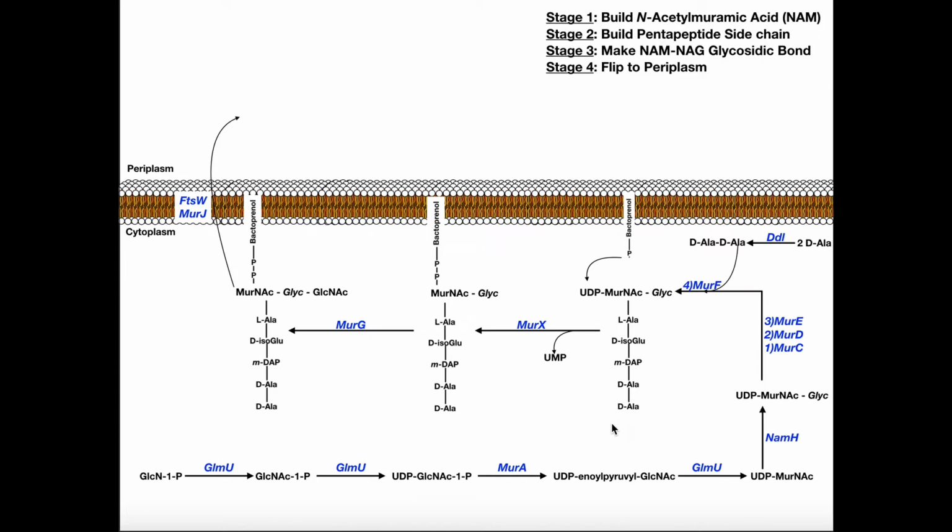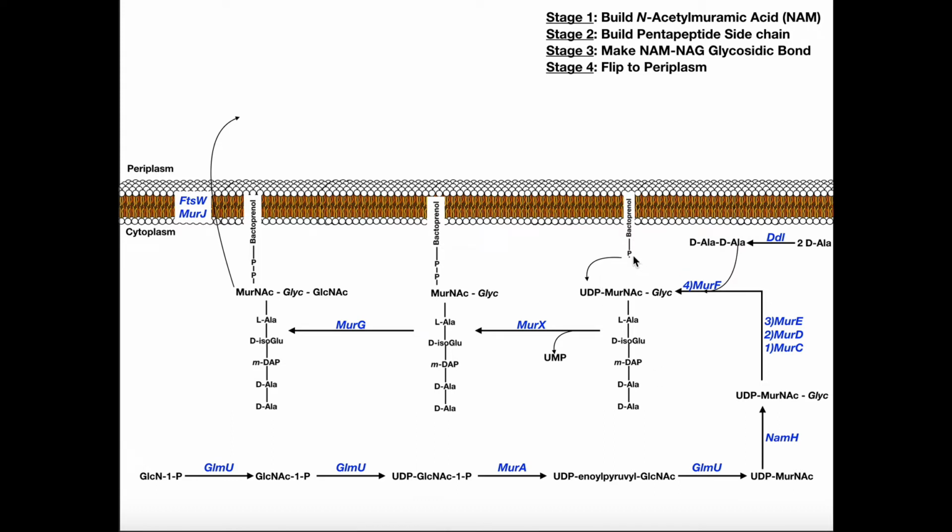Okay, now what you'll notice up here in the membrane of the cell, it would be the inner membrane, of course, if it was the gram-negative bacteria. We have this molecule called bactoprenyl. So bactoprenyl is an important carrier of different molecules, and it actually has this phosphate right here. That's what this P is. What will happen is this bactoprenyl will actually get linked to this entire moiety that we've just created.